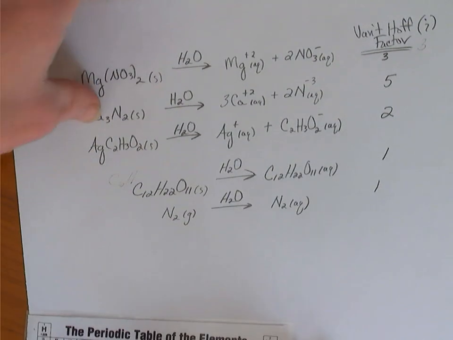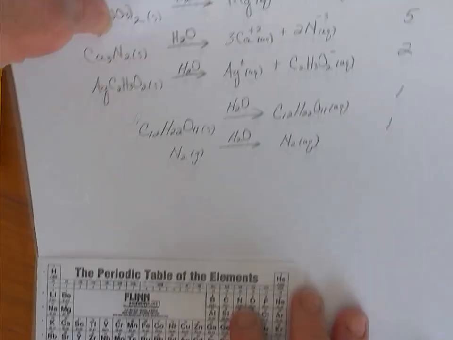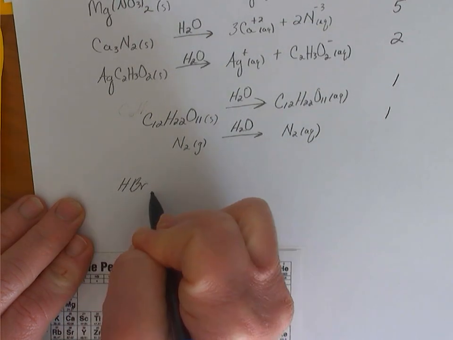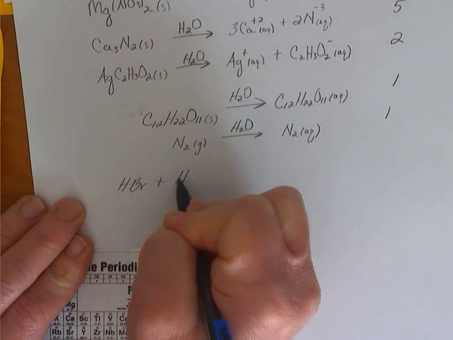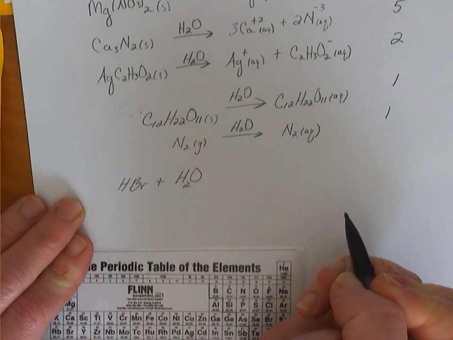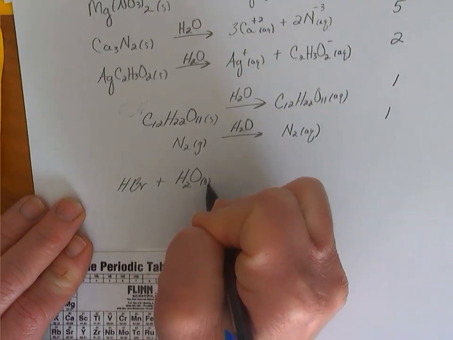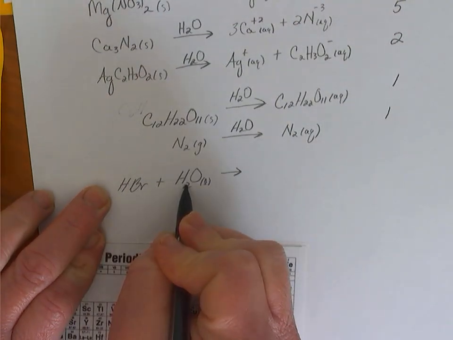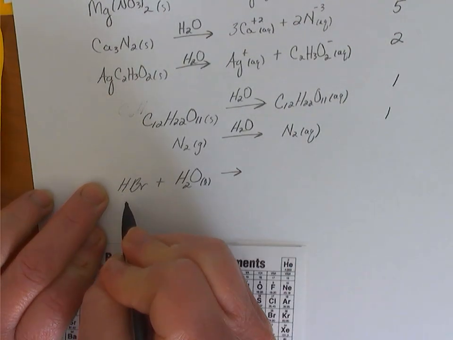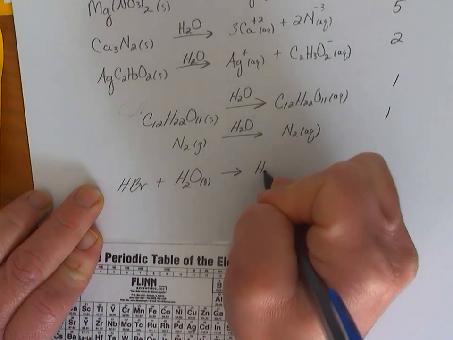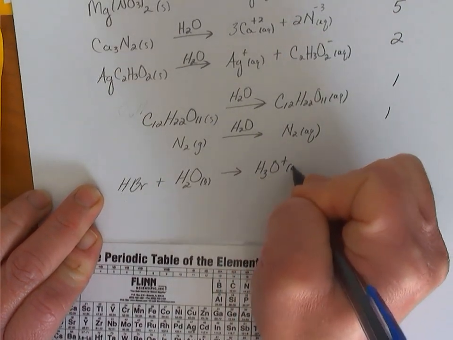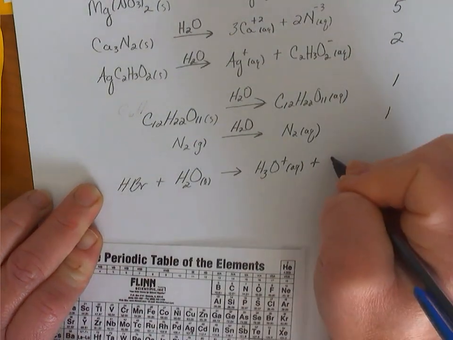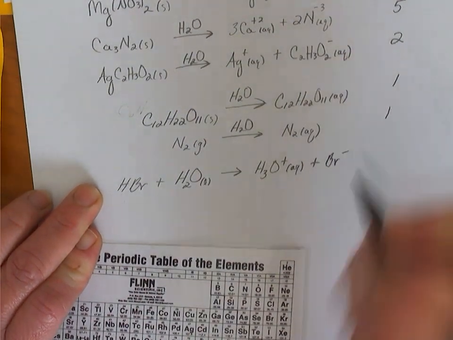All right, but what about acids? They react with water. And remember, acids give away the hydrogen ion. That's what makes an acid an acid. Water will take it. We will create hydronium. And then whatever is left over after it's lost the hydrogen is our other product.